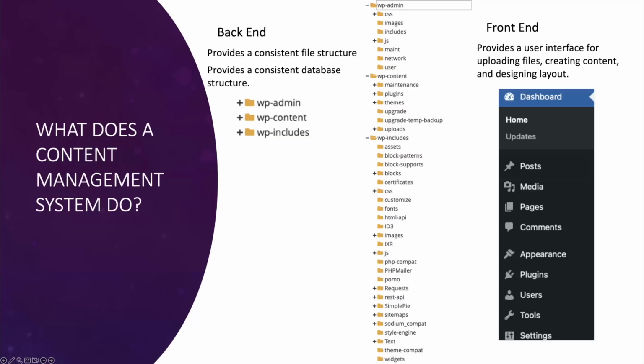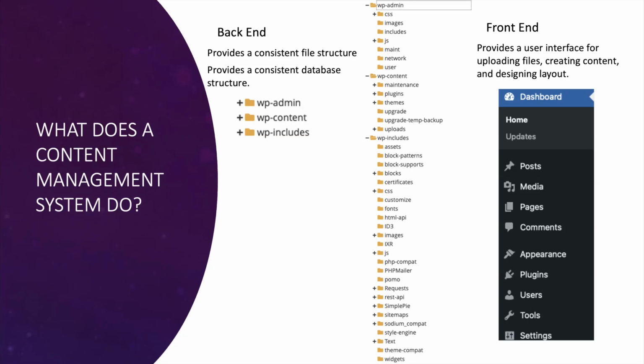All right, so when I say content management system, what are we talking about? We were talking about all of these files. What a content management system does is two things. It provides a structure on the back end, a consistent file structure and a consistent database structure for how files are saved. The good thing about that is if you go from one WordPress site to another, that file structure is the same.